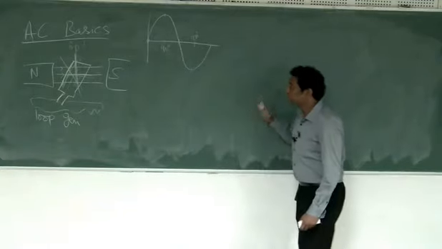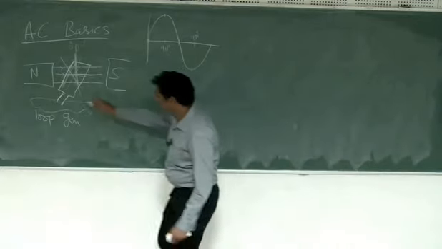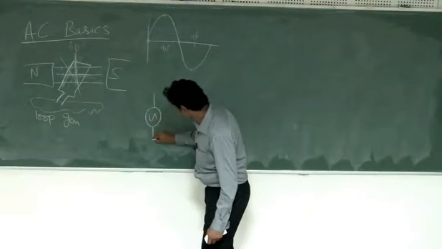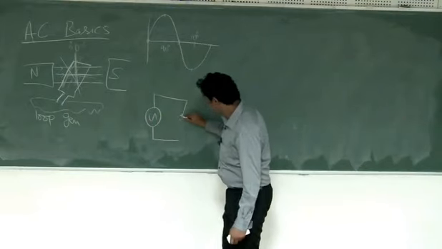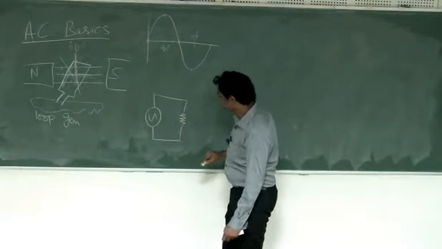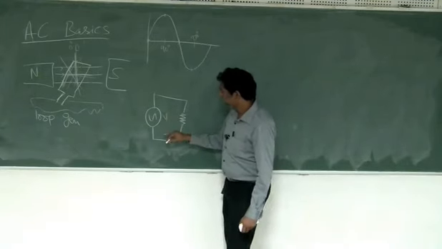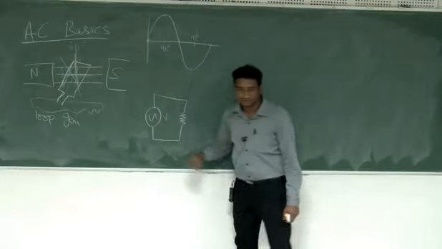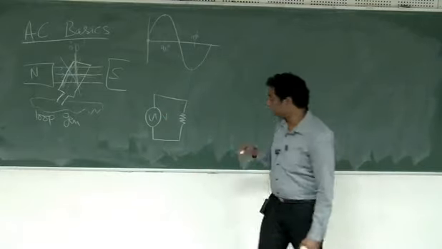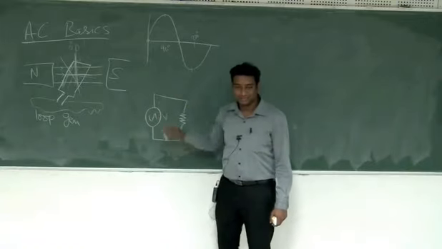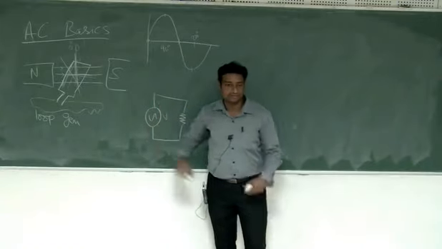If I now draw the circuit, for example, the symbol is like this, and then this is the resistance. So this is voltage. Shall I say this is plus and minus? The problem is if this is plus and this is minus, after some time the minus will become plus, plus will become minus, and so on.